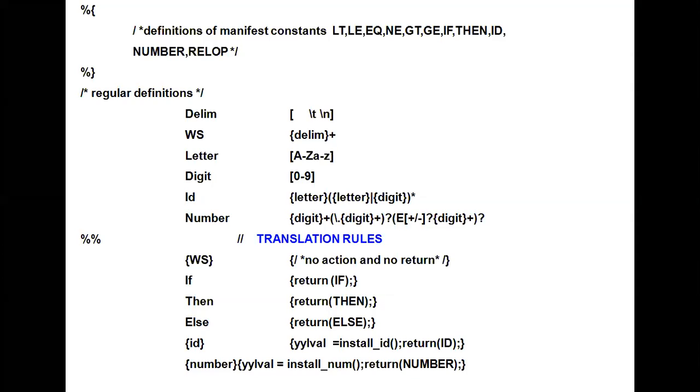What it means is that these definitions form the components of regular expressions appearing in the rule section. Right. This is about the declaration. Basically, the declaration section means whatever variables and data types we are using in the program, initially, before the main program, we need to define all those.